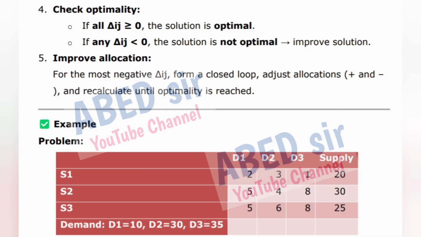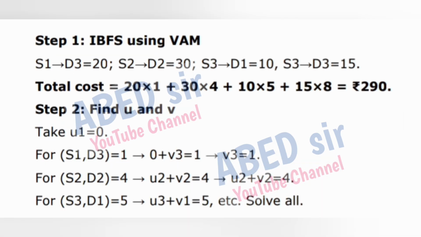Example. Problem. D1 D2 D3 supply. S1 2 3 1 20. S2 5 4 8 30. S3 5 6 8 25. Demand D1 is equal to 10, D2 is equal to 30, D3 is equal to 35. Step 1.